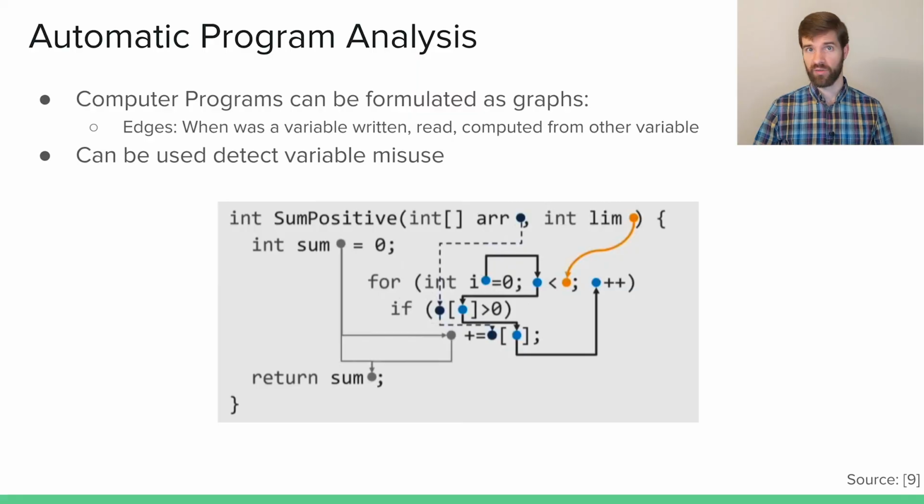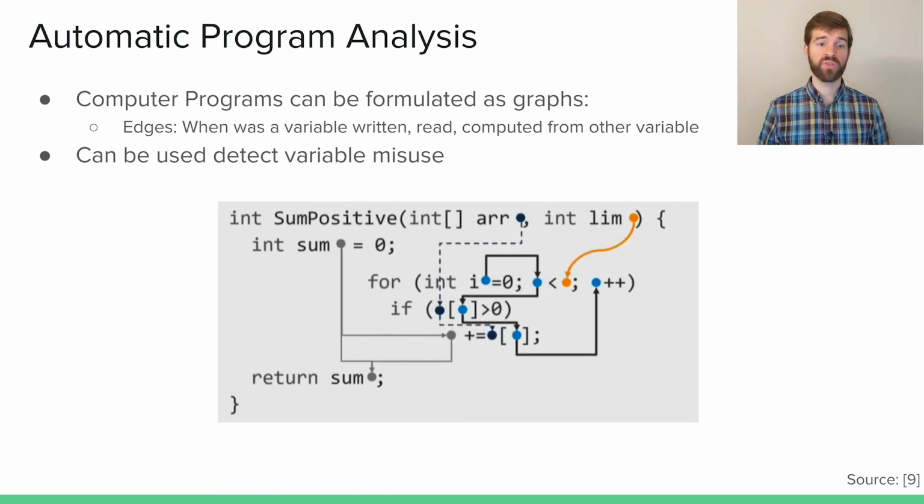If we are programming, then the computer programs themselves can also be formulated as graphs. I think most of us know the abstract syntax tree. It is a graph. For example, we can say in our graph that we have edges whenever a variable was written or whenever a variable was read.